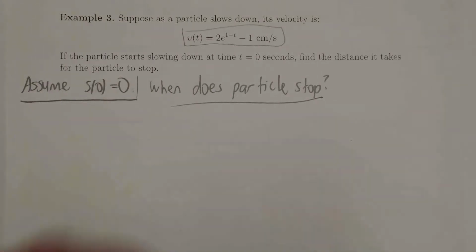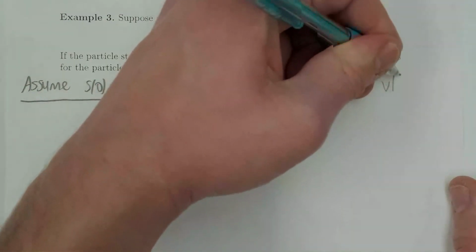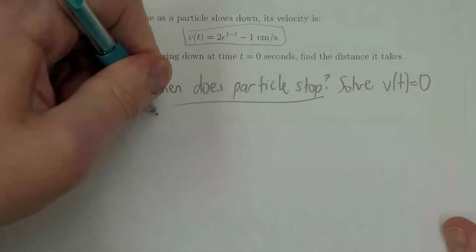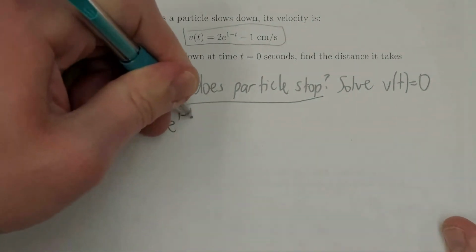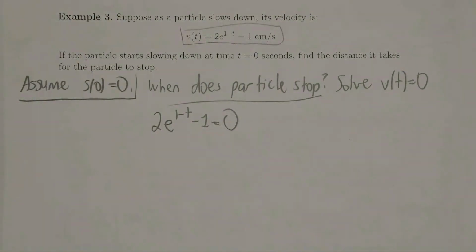Yeah, just set it equal to 0. So our goal is to solve v of t equals 0, because that will give us the time at which the velocity is 0. So we have 2 times e to the 1 minus t minus 1, set equal to 0.